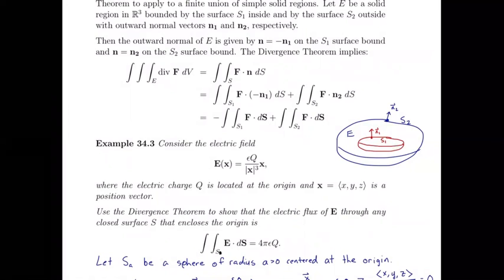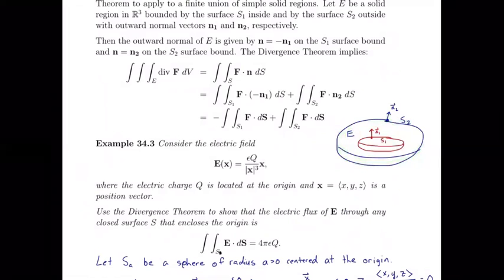So this solid E has 2 boundaries, 2 surface boundaries. S1, its inner boundary, which bounds the solid material out here from the air or vacuum inside there, and then this outer region here, the obvious one that we've dealt with in the past.